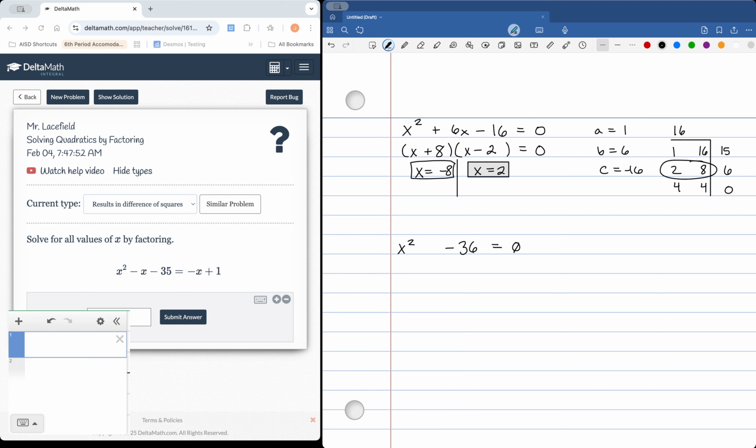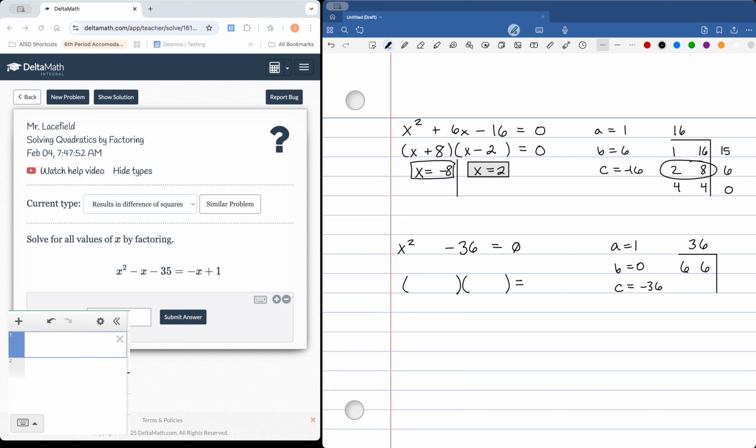And then to factor this, a is 1, b is 0, and c is negative 36. So if we find factors of 36 that cancel each other out, really you just have to think of one number that is going to subtract itself. So from the very beginning, it's 6 and 6.